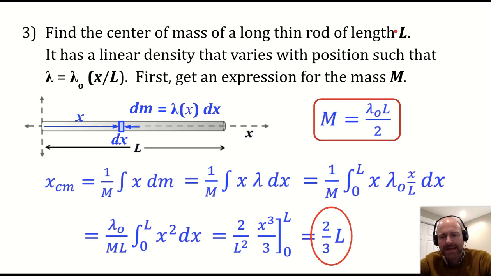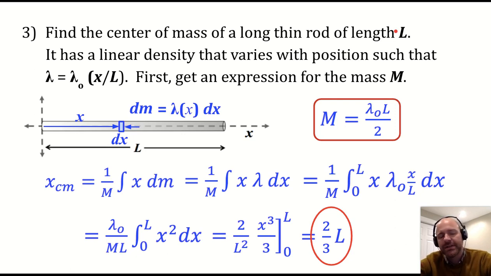The x center of mass is 1 over m times the integral of x dm. We're replacing dm with lambda dx. But lambda is no longer a constant. It is now in terms of x. And the total mass is something else we need to figure out, because it is the sum of all the little bits and pieces.